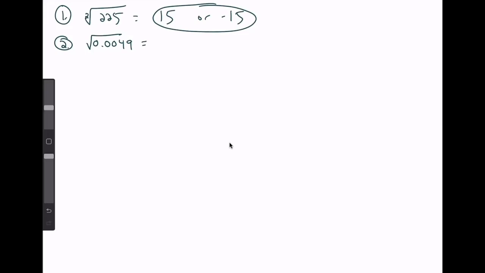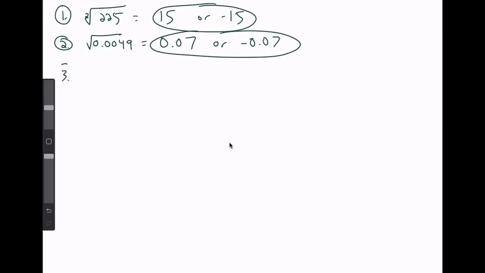I know the square root of 49 is 7, but the answer is 0.07 or negative 0.07. That's my answer. So we need to get in the habit of doing this when we're looking for the real square roots. That's what we're looking at.